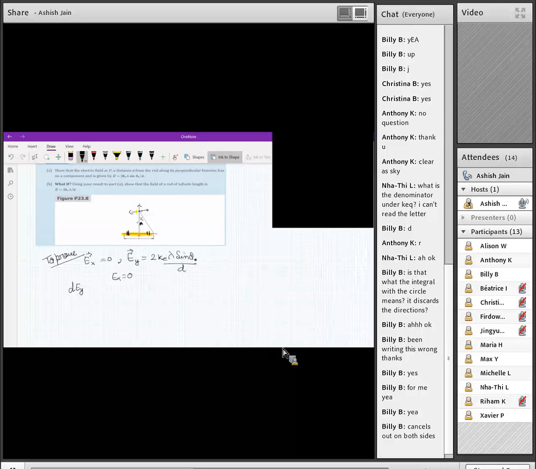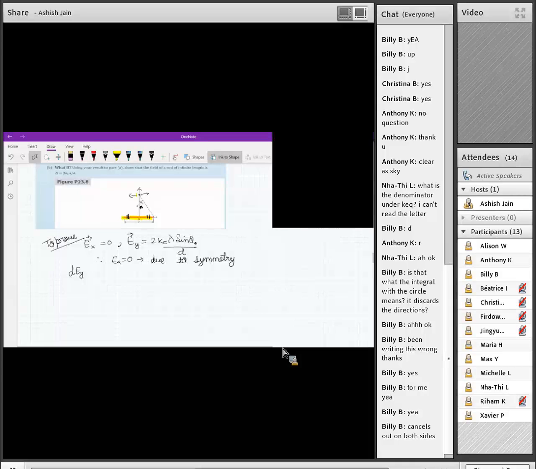Because there's always a symmetrically placed other element on the opposite side of the origin, due to symmetry. Perfect. Now again we have to find Ey.